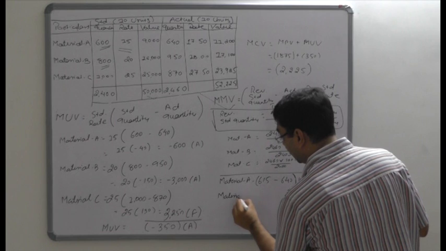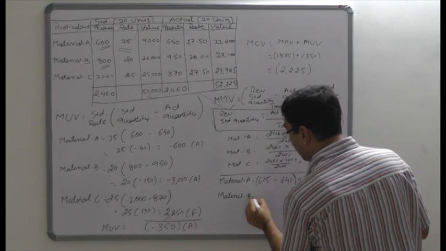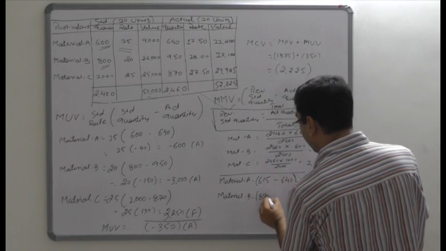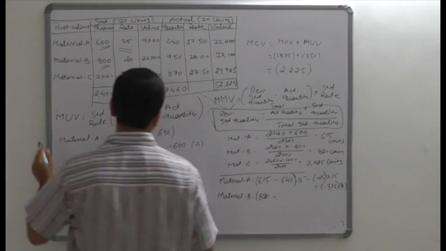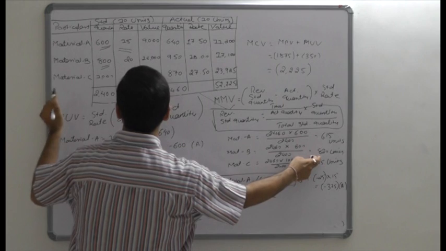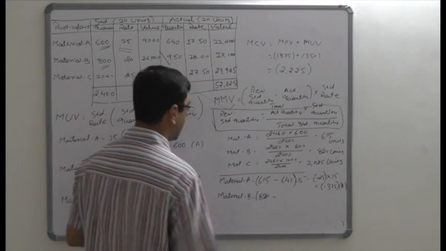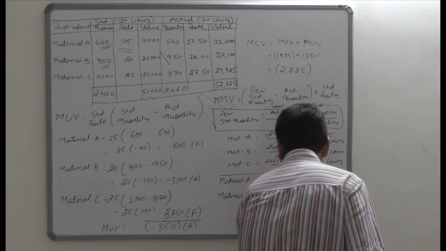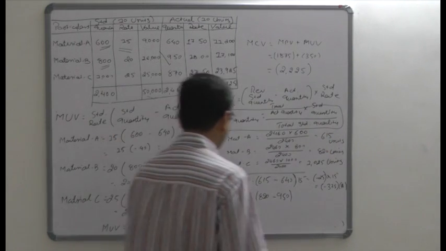Next is material B. In case of material B, your revised standard quantity is 820 units and your actual quantity is 950. It shows an adverse situation. Standard rate is 20.